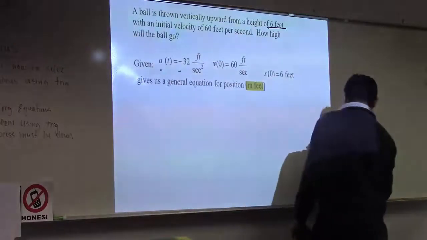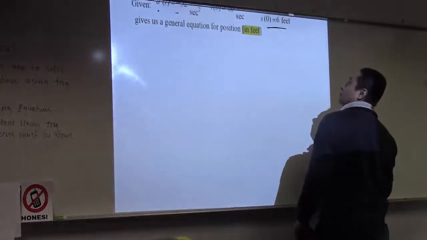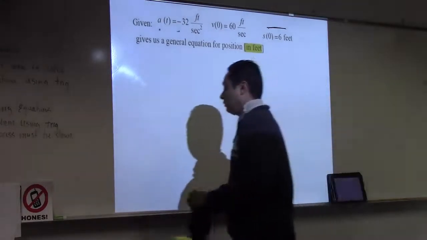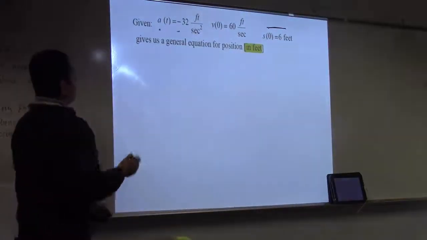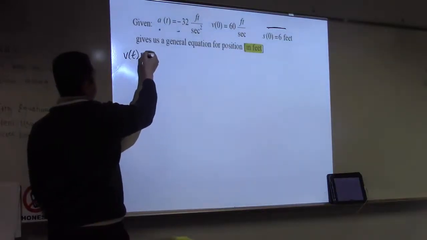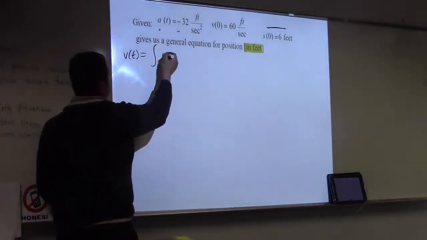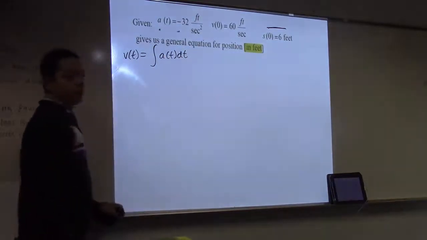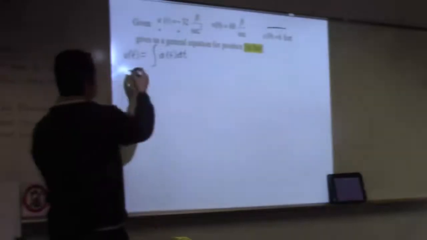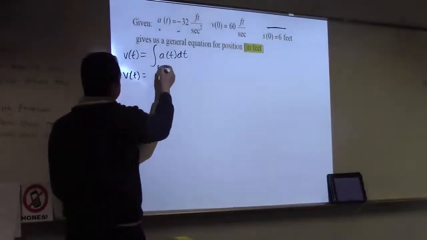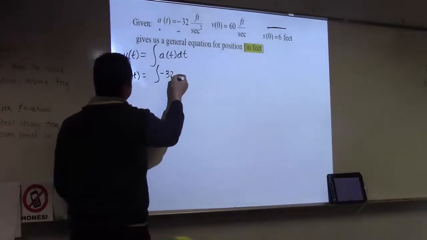I'm going to just have that up there because I need some space. All right, so I'm going to say velocity of t is equal to the antiderivative of a of t dt. So velocity equals the antiderivative of negative 32 dt.